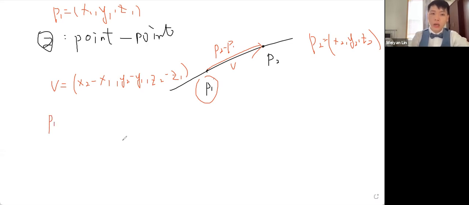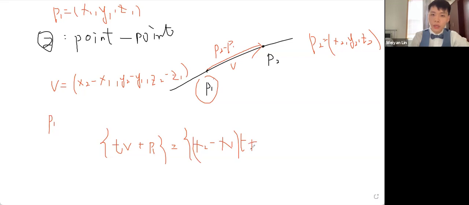So the formula for this point would be tv plus P1, where v is x2 minus x1 times t.